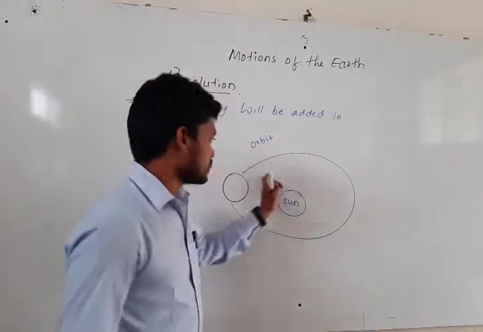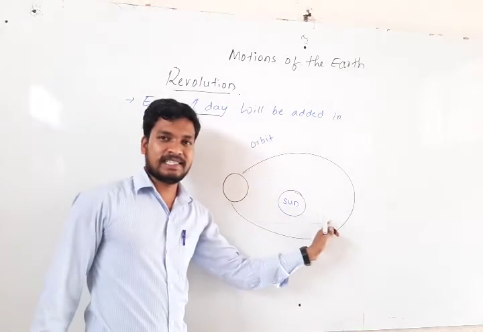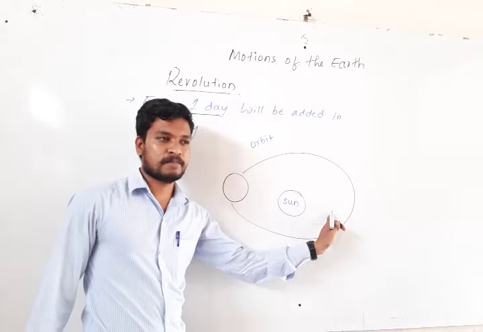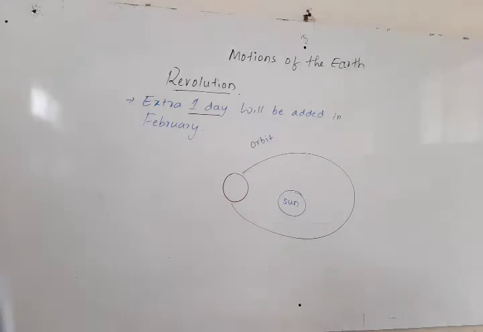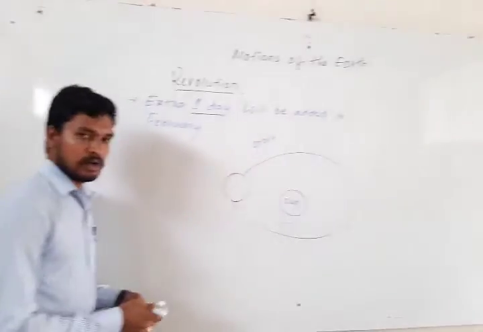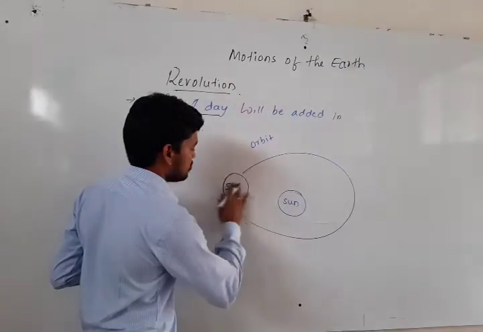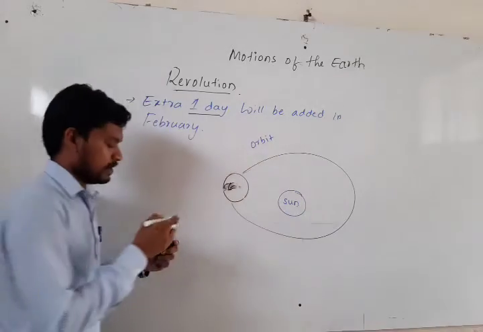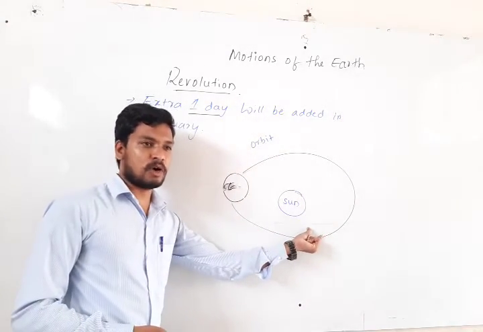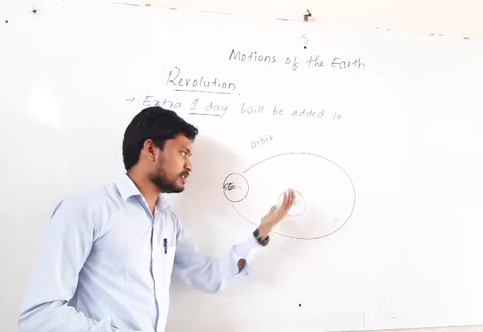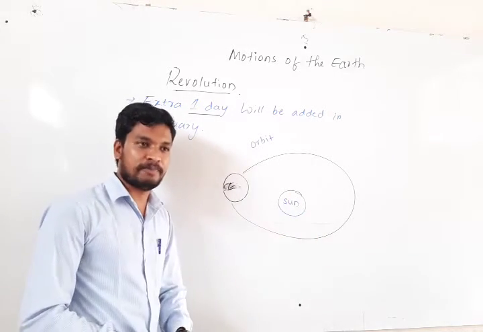Here, this orbital path, is it a circle? We know that the Earth moves around the sun, and the path is called an orbit, and the plane created by this movement is called the orbital plane.